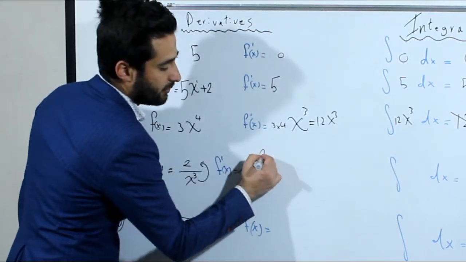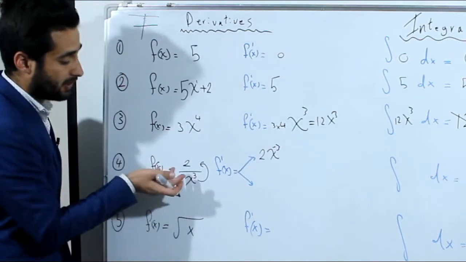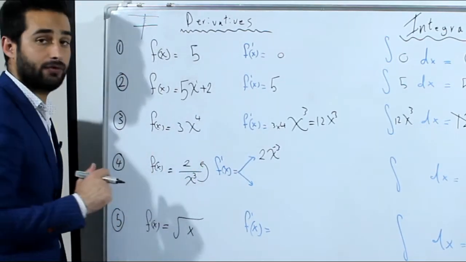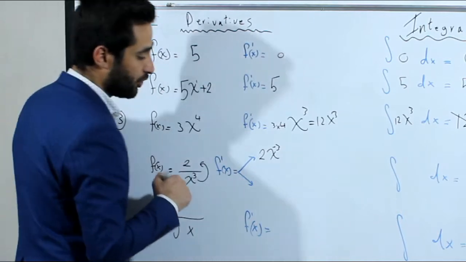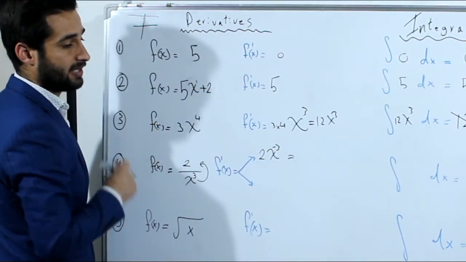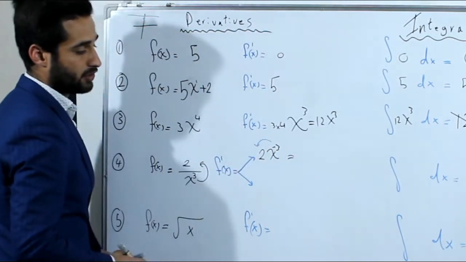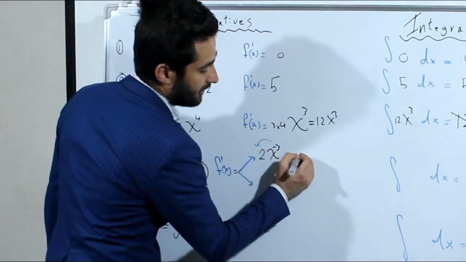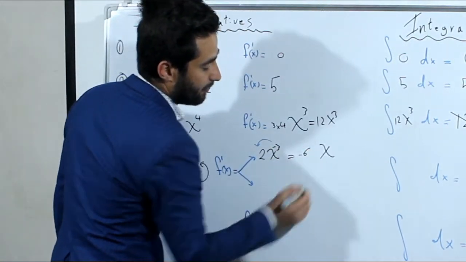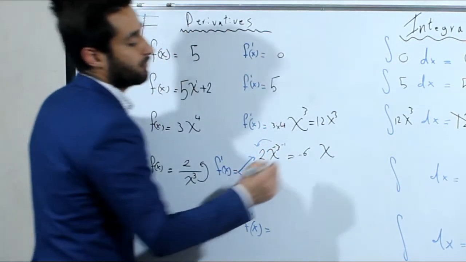It becomes 2x to the power of minus 3, sorry. Why? Because we took the x to the power of 3 upward, to the numerator. And then is equal to, now let's take the derivative. Take this minus 3 to the coefficient, it becomes 2 multiplied by minus 3, it becomes minus 6, x to the power of minus 3 minus 1, it becomes minus 4.